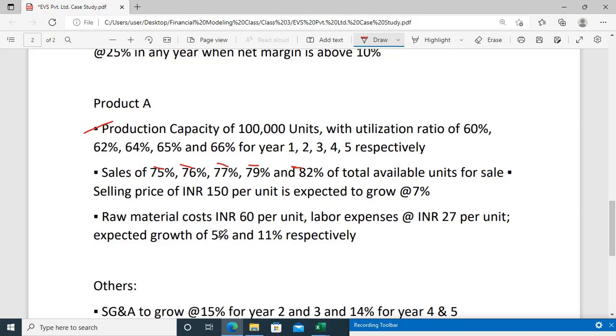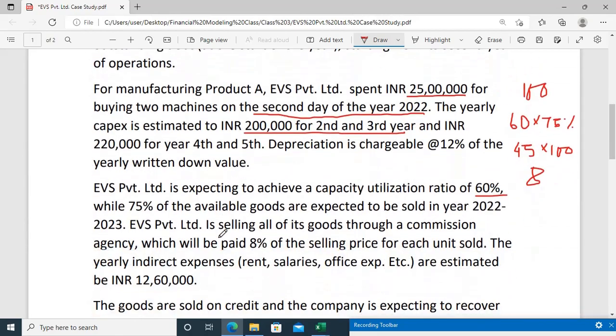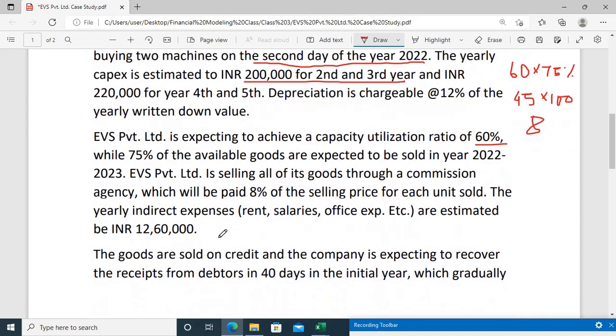Okay, let us just go up. The capacity utilization part is taken care of. Till this point it is taken care of. The inventory part we have not calculated yet, so we will calculate it after some time.